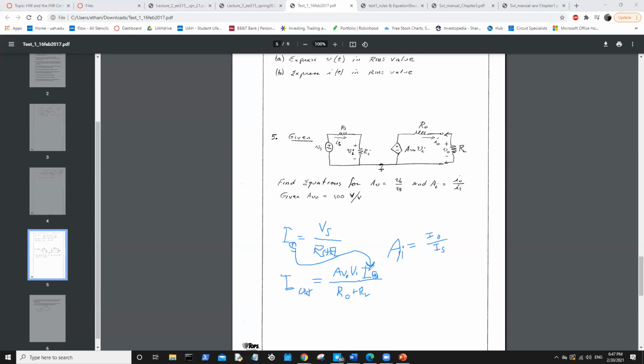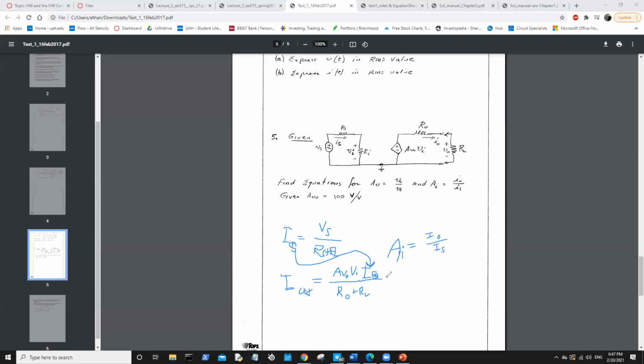Now, why is it multiplied? Let's look back. It's because the IS is coming in, and it's being acted upon by this multiplier. So it's a current times a voltage, VI or whatever.